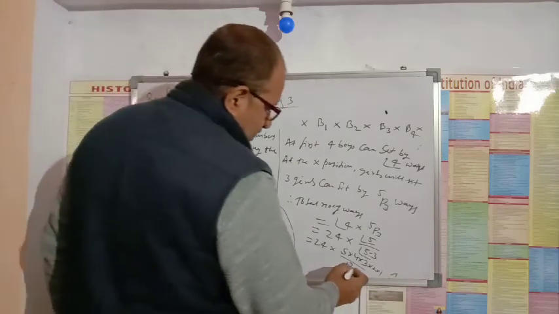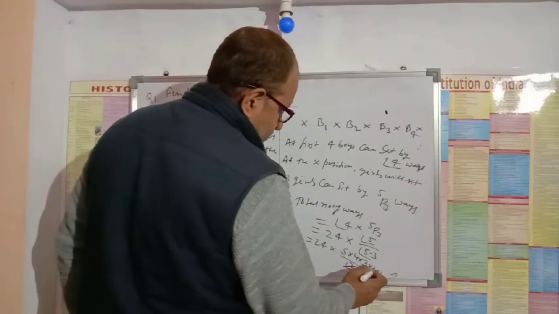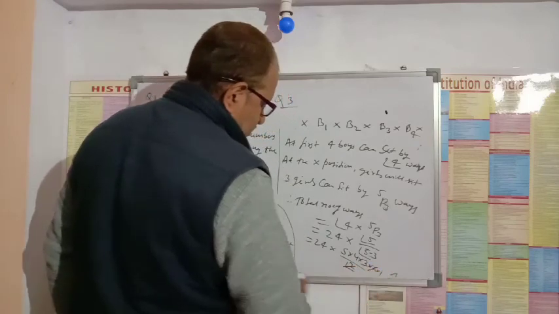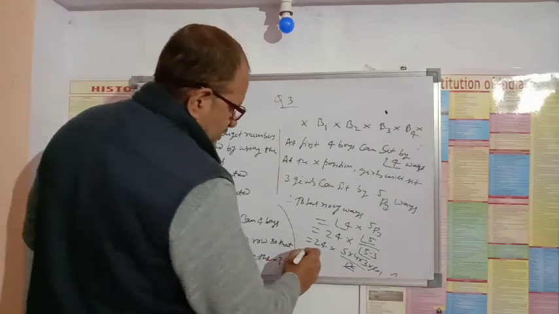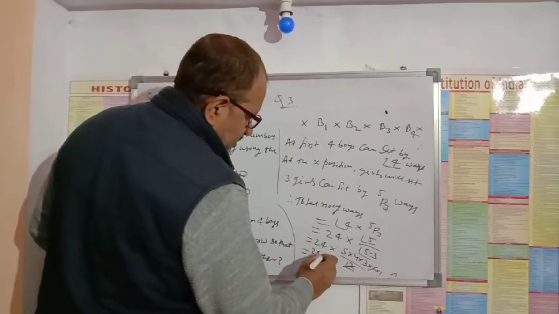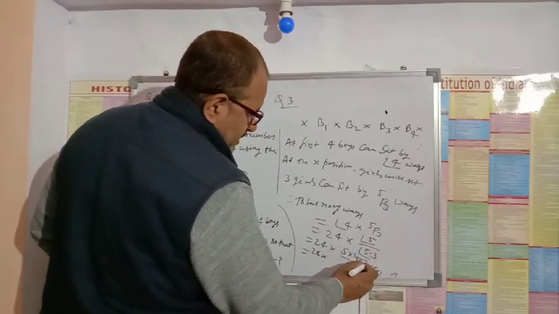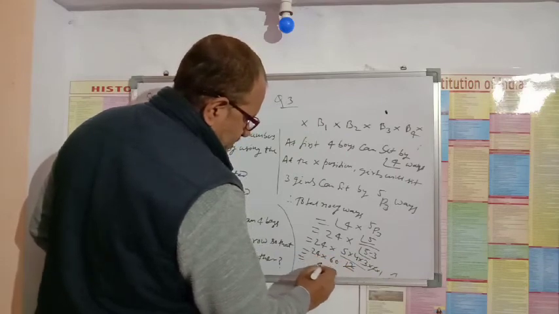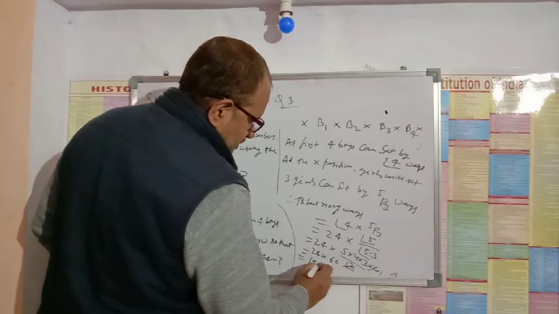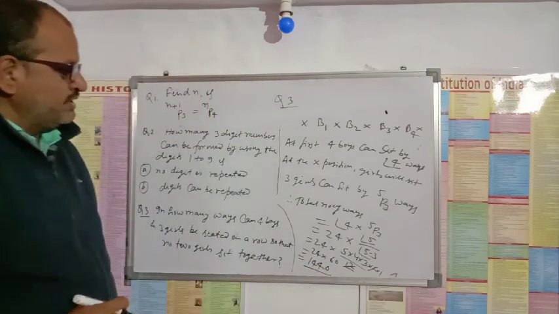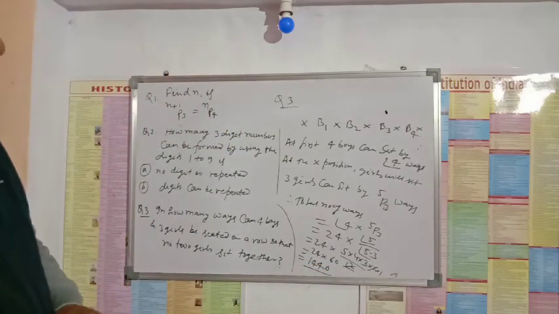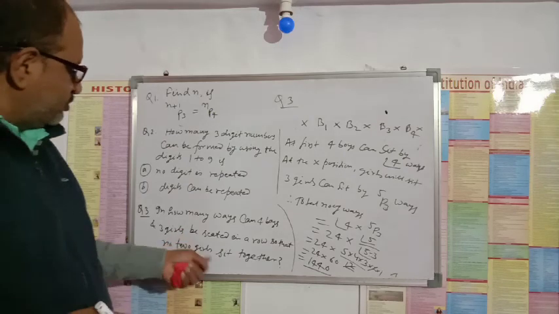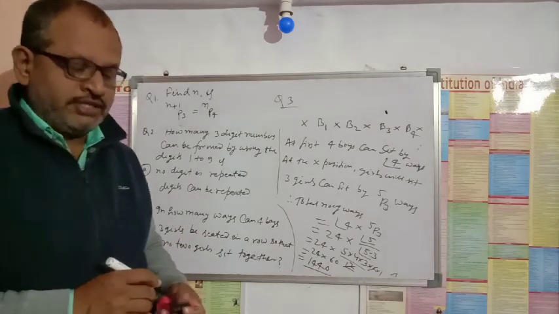We can cancel it. 5 into 4 is 20, into 3 is 60. Multiply 24 by 60: 1440 sitting arrangements are possible in which no 2 girls will sit together.